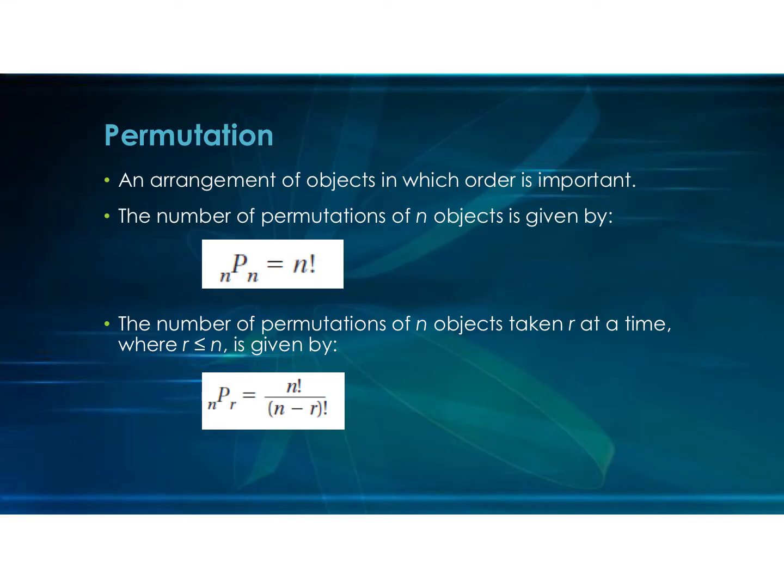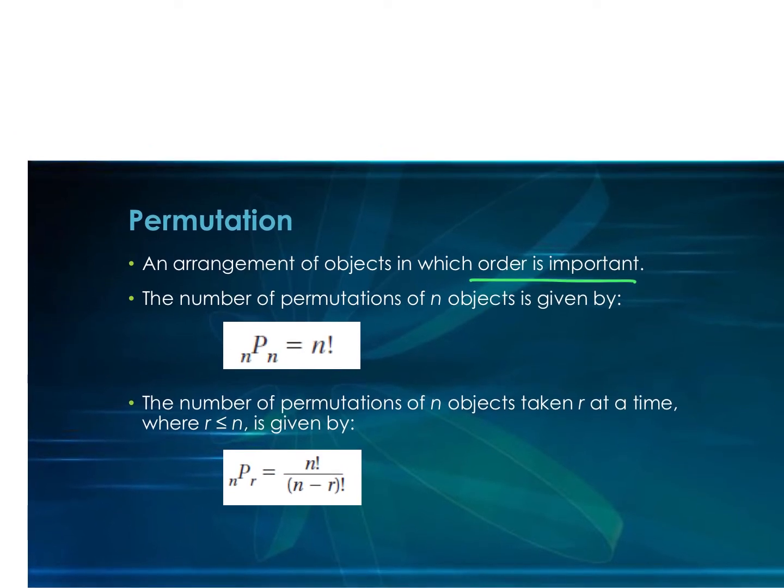All a permutation is, is an arrangement of objects in which order is important. So for example, let's say I have 3 letters, A, B, and C, and I want to know how many different arrangements I could make choosing 2 letters at a time where order is important.